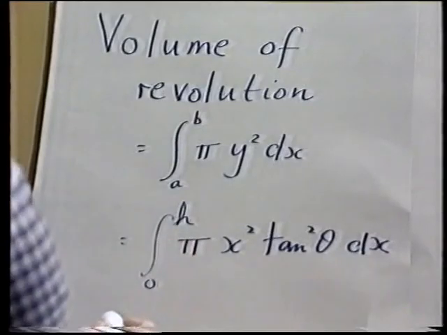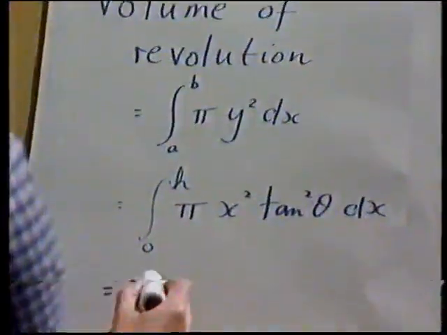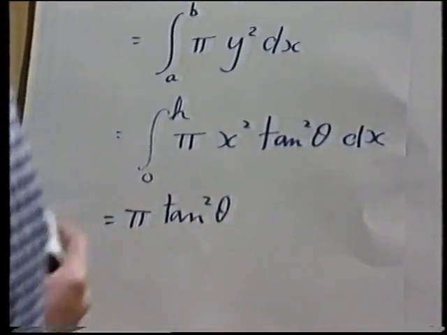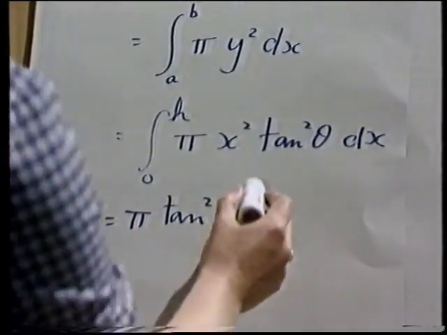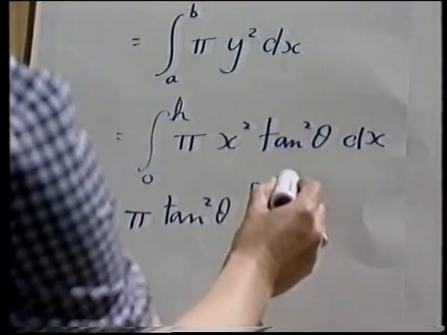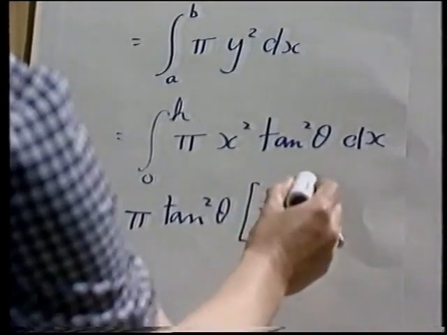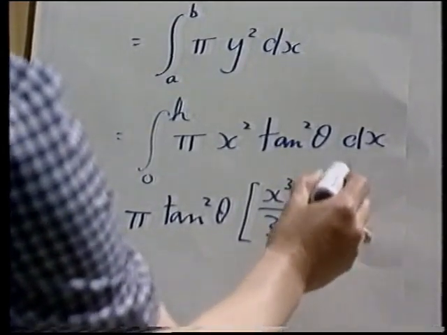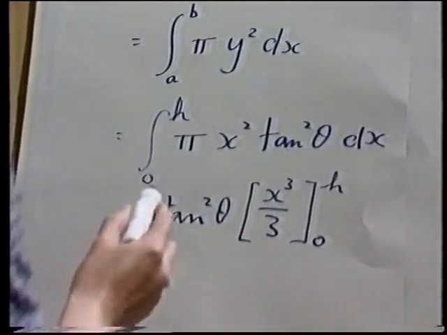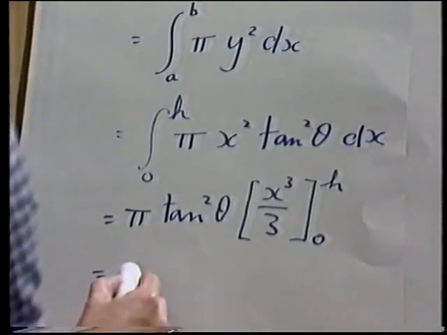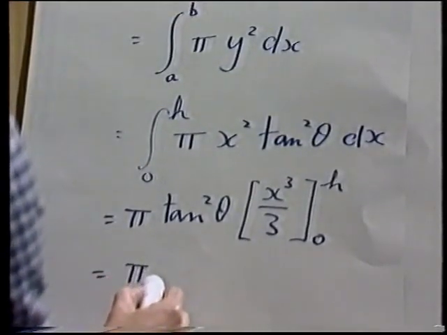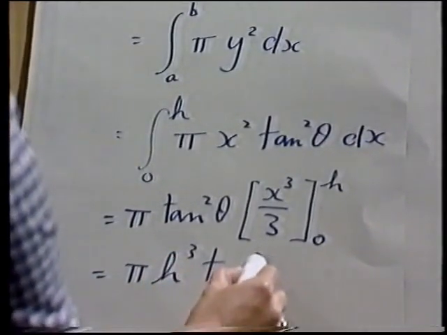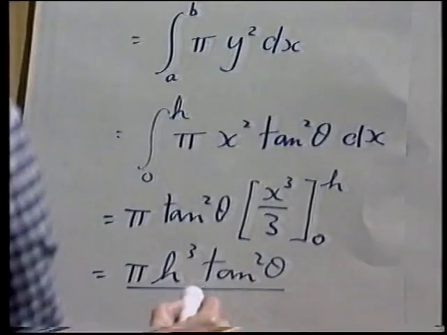Now, as before, sorry, pi tan squared theta is a constant, and x cubed over 3 is a primitive of x squared, and that's from 0 to h. Evaluating this gives pi h cubed tan squared theta all over 3.